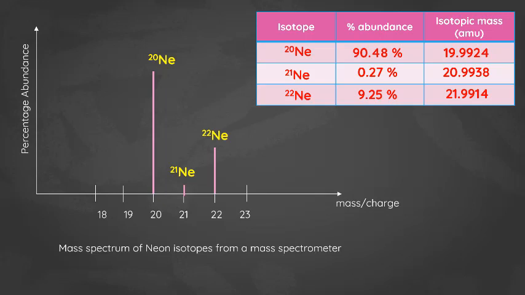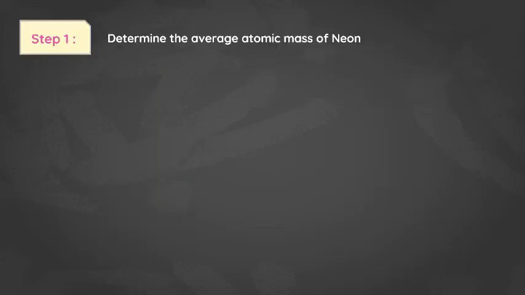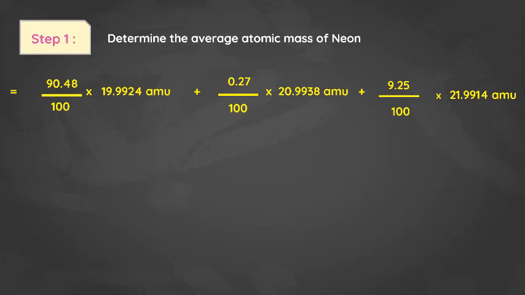Since neon has 3 isotopes, its average atomic mass must be determined. In the first step, multiply the percentage abundances of neon with its isotopic masses. From the calculation, the average atomic mass of neon is 20.1800 AMU.